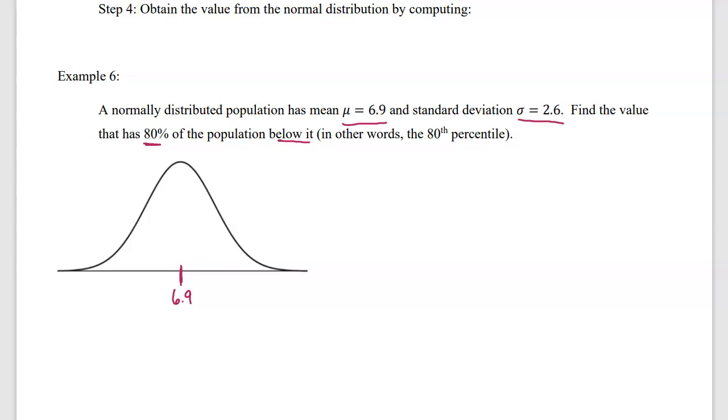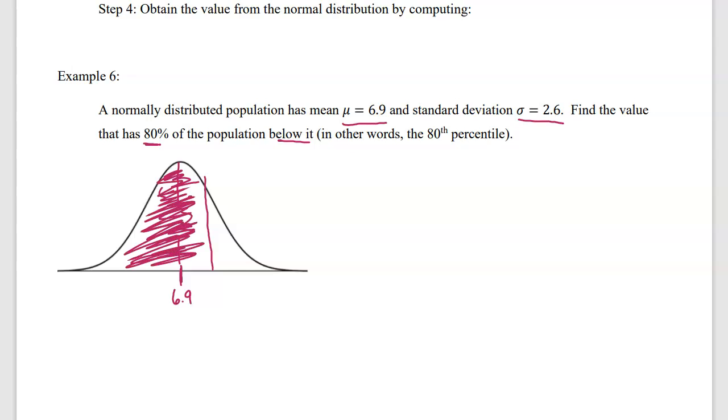So 80%, well, right here, remember, from here to the left is 50%. So like if I drew a line here, to the left is 50%. I want 80% to the left, below. So I'm going to have to draw a line over here and shade.